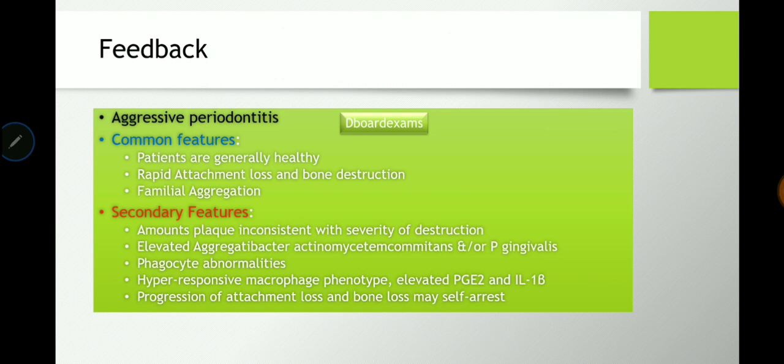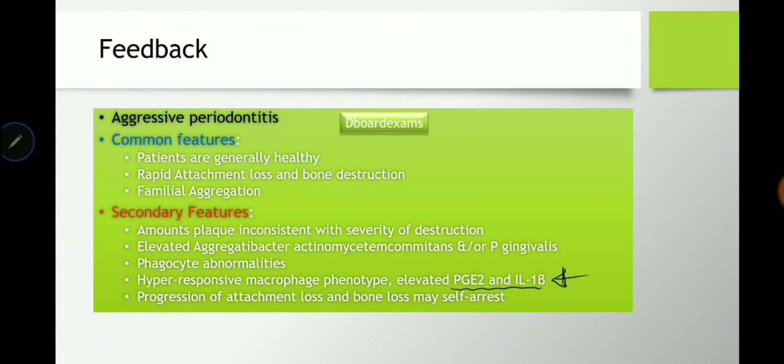Hyperresponsive macrophage phenotype: you have elevated prostaglandin E2 and interleukin 1B. Make sure you know which ones are elevated. Progression of attachment loss and bone loss may self-arrest. So keep those in mind.